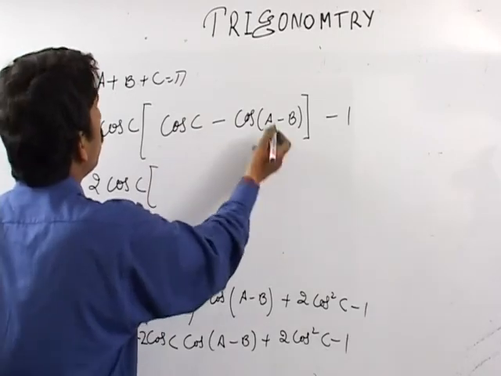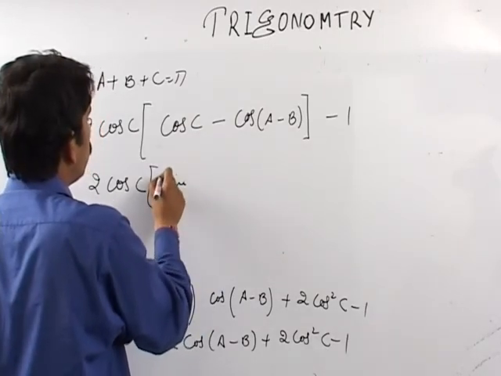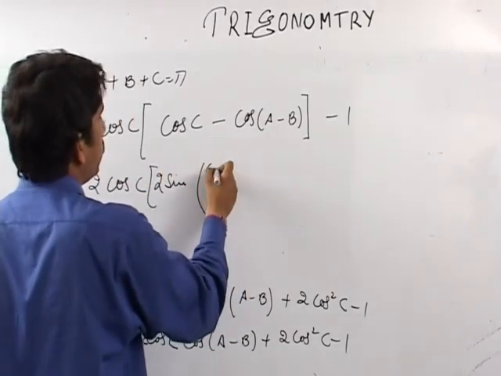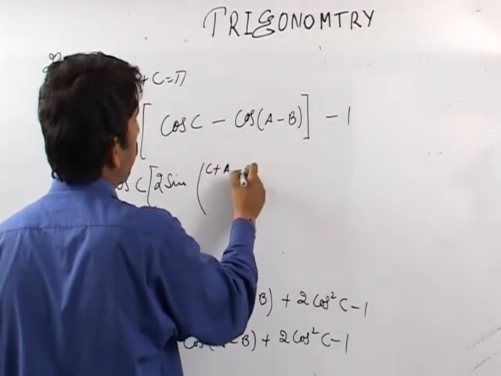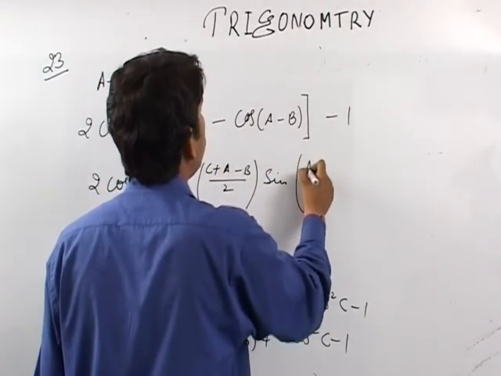Now this is 2 cos C, and cos C minus cos D is equal to minus 2 sin of (C plus D) by 2 times sin of (C minus D) by 2.